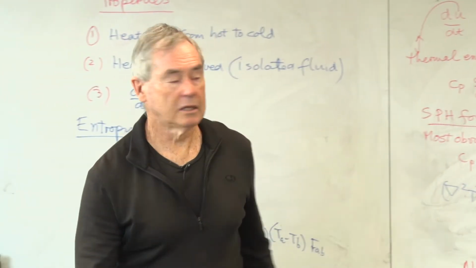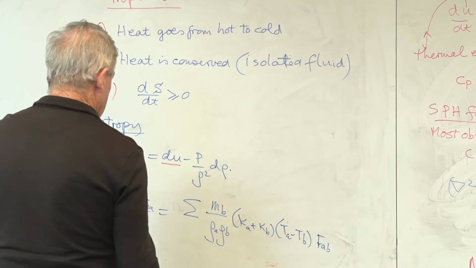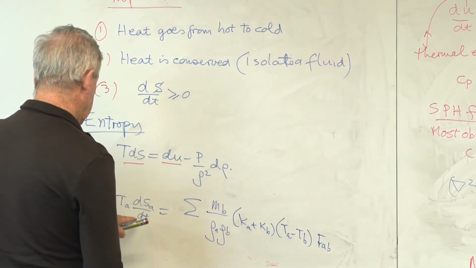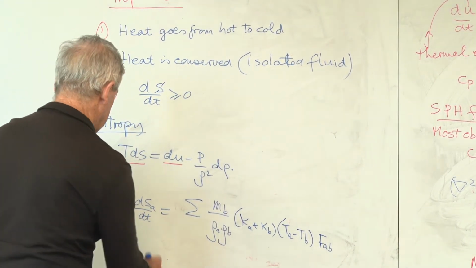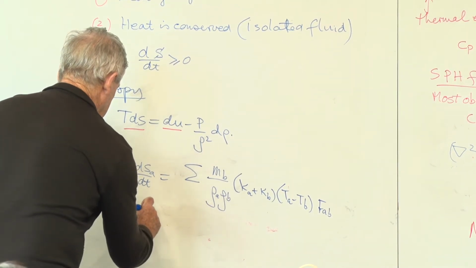All right. Now I want to get this guy, so I have to divide by TA.